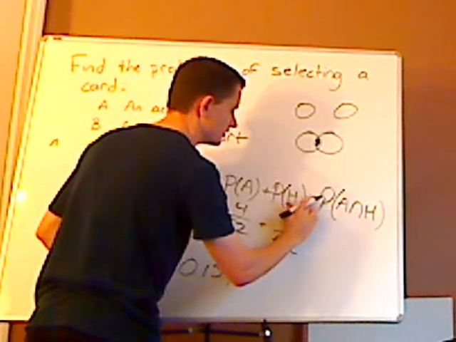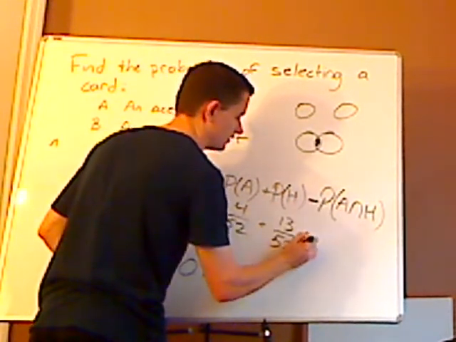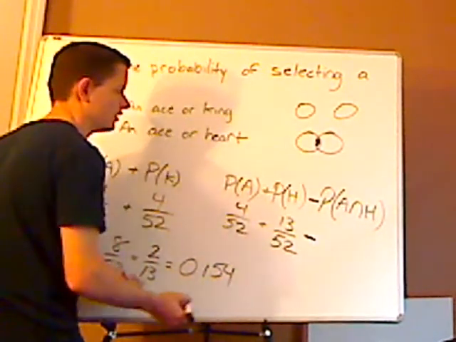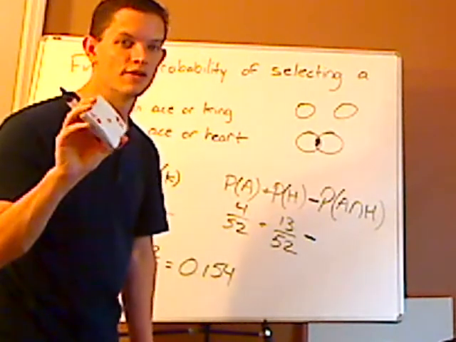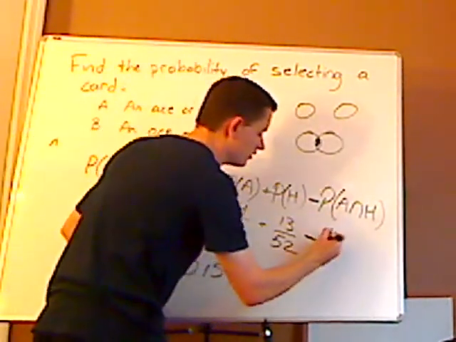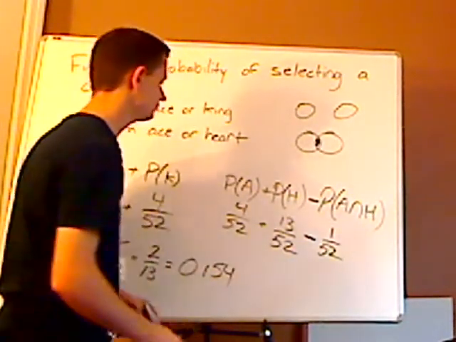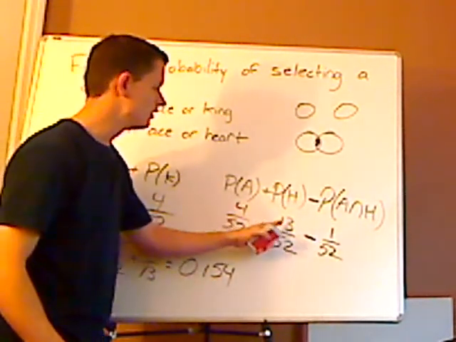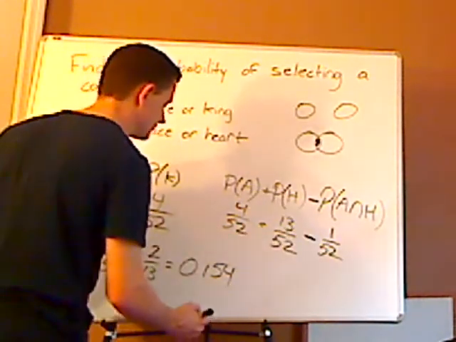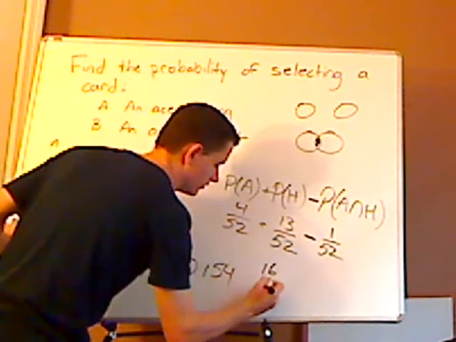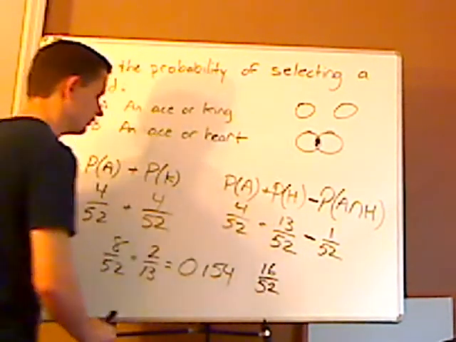And you're not adding this, you're going to subtract the overlap. My bad, minus. There's only 1 ace of hearts in a deck, so 1 over 52. So you have 4 plus 13, which is 17, minus 1 is 16. So you have 16 over 52.